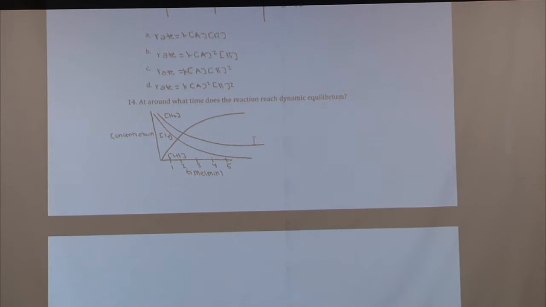They're not all quite leveled. So when you look at this and you want to know at what time it reaches dynamic equilibrium, we're going to see what time they all plateau at the same time. At 2 minutes, they're not quite all plateauing at the same time. Yes, at 2 minutes, they start to intersect lines, but when you're looking at this question, you want to look at what time they all start to plateau. And that would be around 3 minutes.